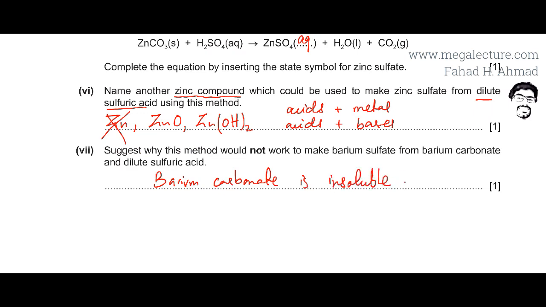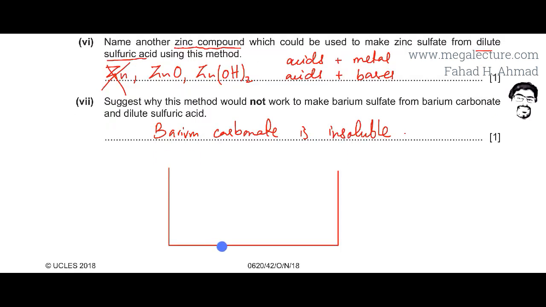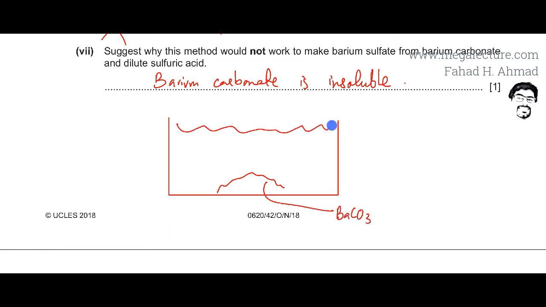If you take a beaker and repeat the same process, for example, this is insoluble barium carbonate, and I mix it in H2SO4. Now, when these two mix and react, the reaction is barium carbonate plus sulfuric acid. It's going to produce barium sulfate plus H2O and carbon dioxide in exactly the same way. But the problem is barium sulfate is insoluble.